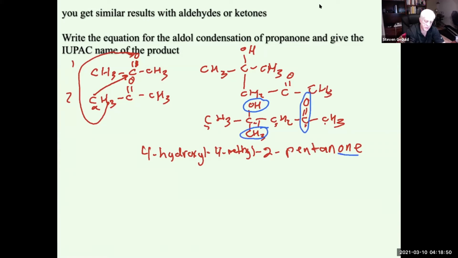So the -one ending is your ketone, 5 carbons, all single bonds. Number 2 is where the carbonyl carbon is. You have a methyl group at number 4 and a hydroxyl group, OH, at number 4 also. And again, the ketone takes precedence because it is the more oxidized of the functional groups that are present.